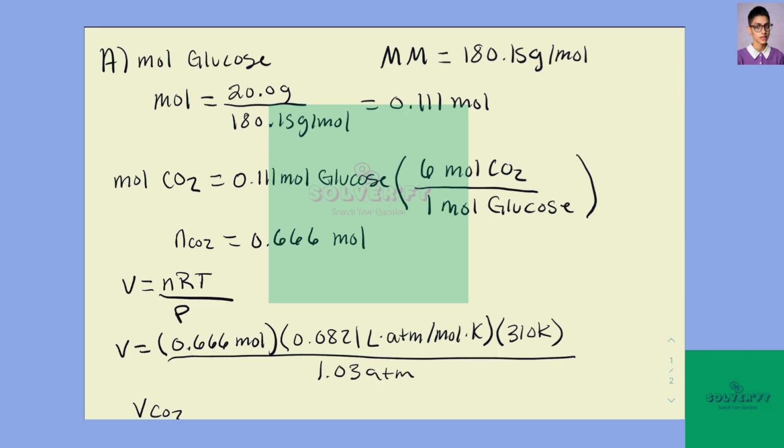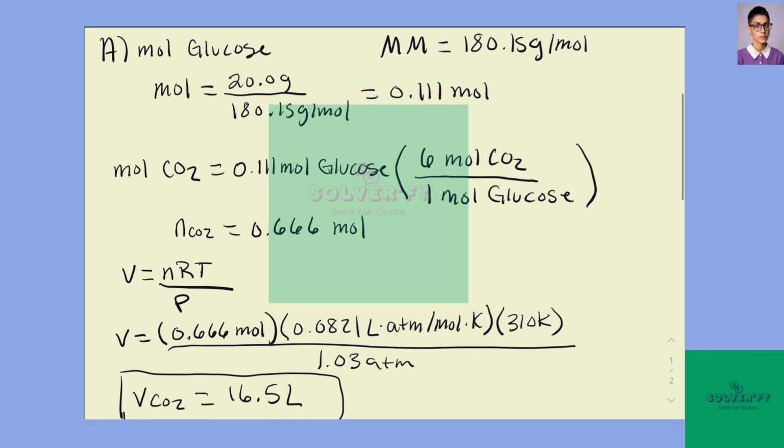So our volume of CO2 is going to equal 16.5 liters. Alright, so that is how we solve the first part of this question.